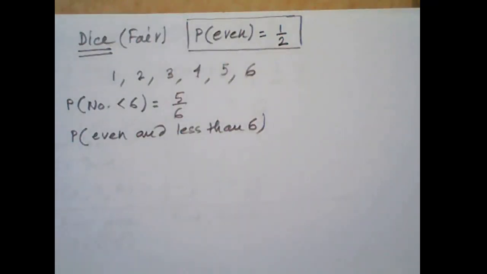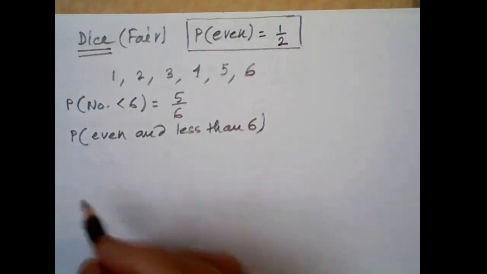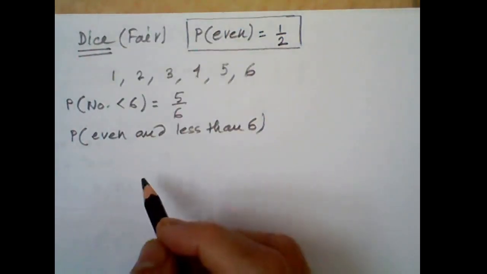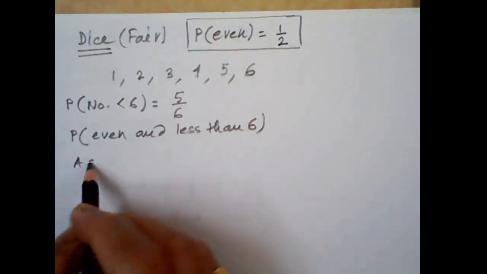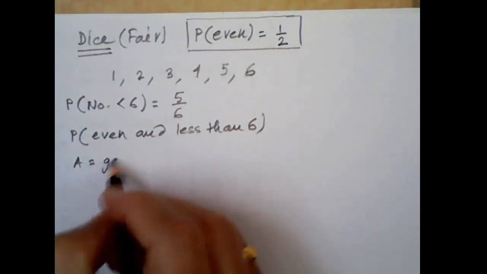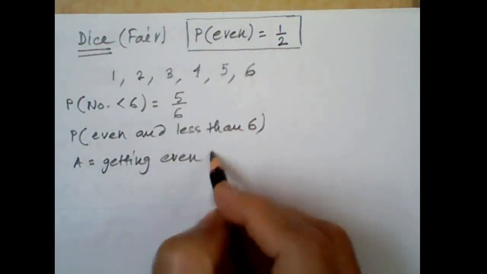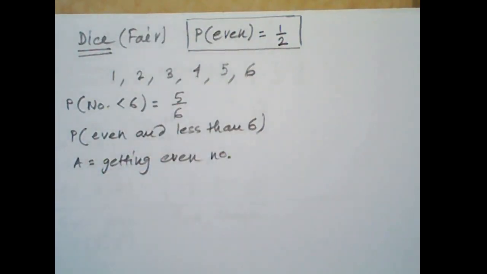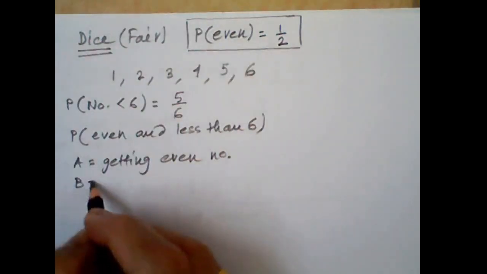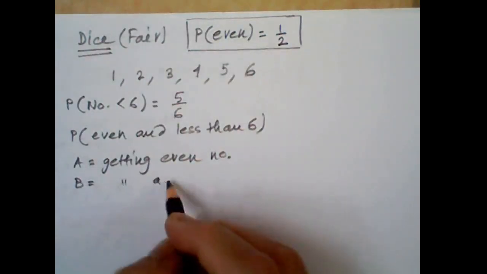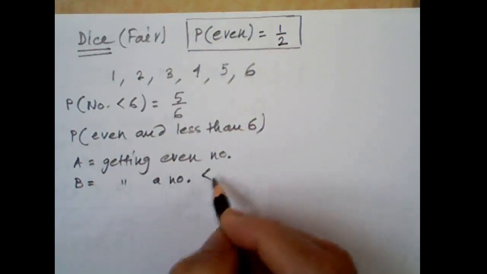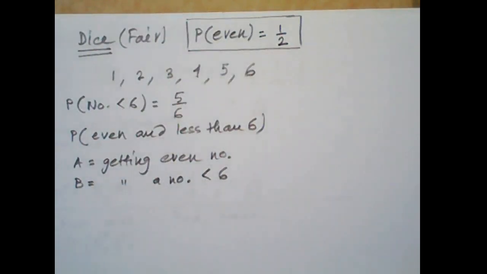Okay, now let us try and solve this problem going by the same technique that we used in the previous problem. So here let us define the two events. A is defined as getting an even number. Let us define B here as getting a number less than 6. All right.